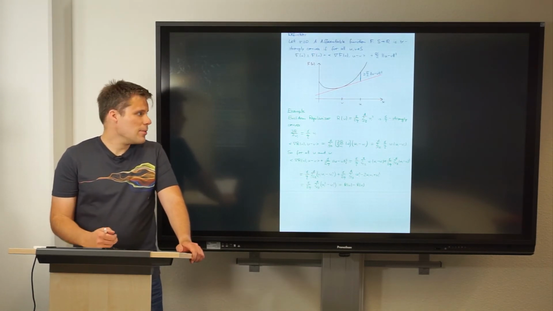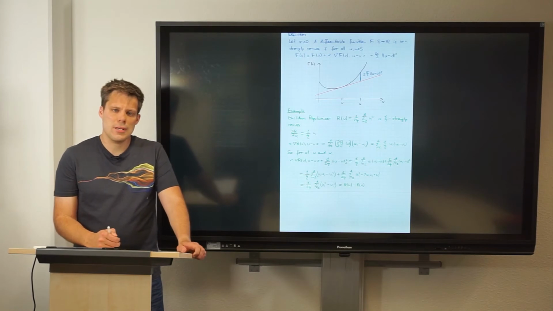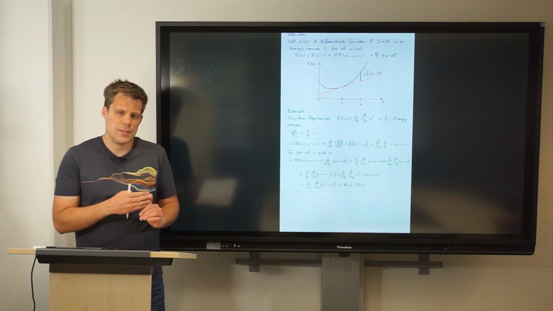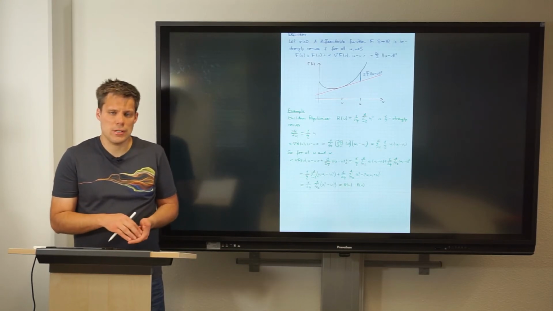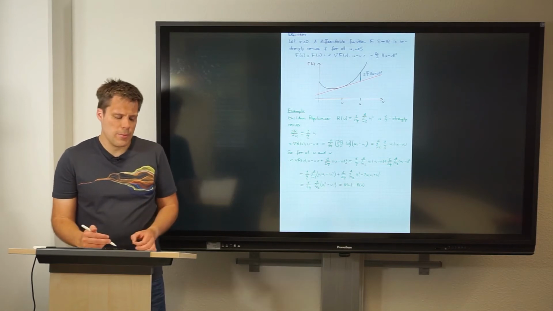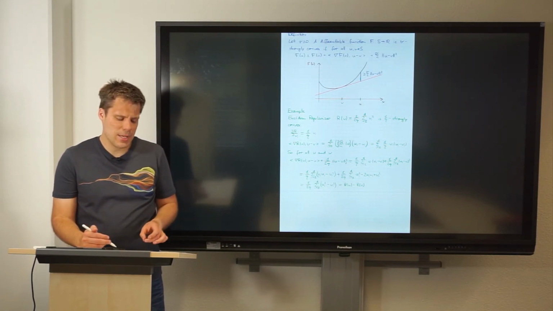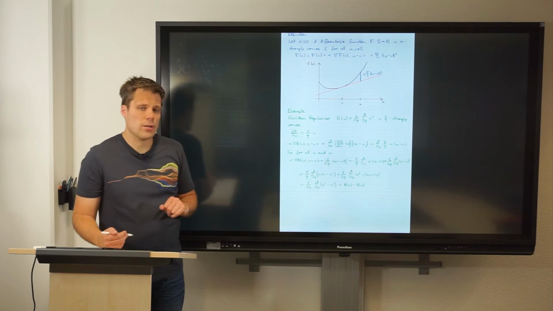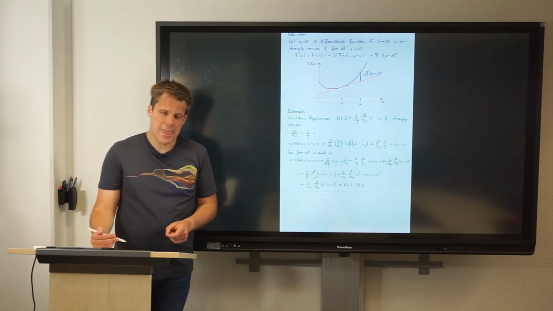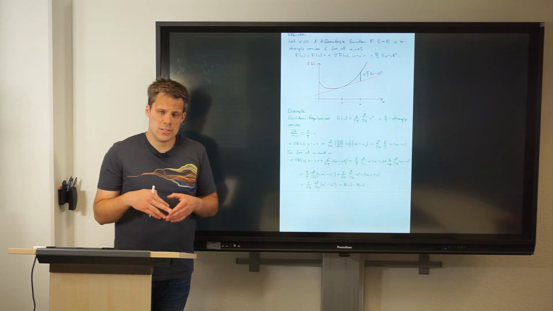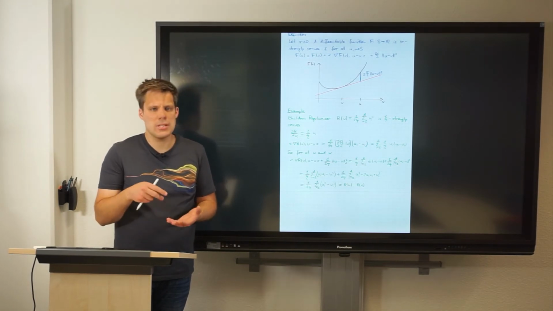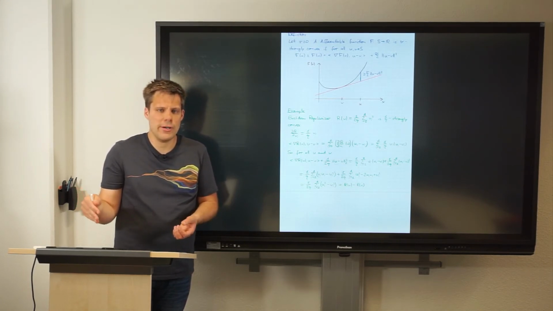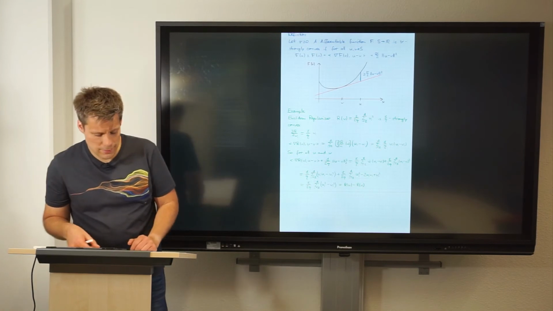Now we have almost everything packed together to analyze follow the regularized leader with these Lipschitz functions and with strongly convex regularizers. But before we get there, let's make one more observation, namely that if we have a strongly convex regularizer, then also the function that we are optimizing over, which is not only the regularizer, but the regularizer plus all the functions that we've seen so far, will also be strongly convex.